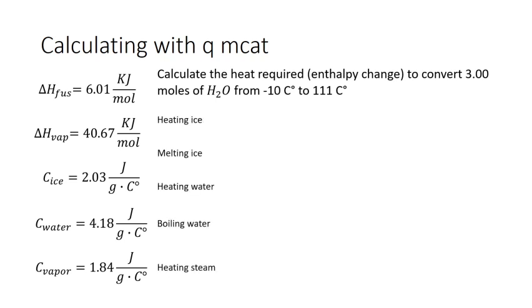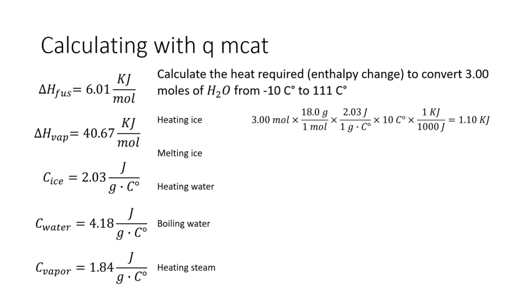We're going to break this up into 5 sections. We are going to be heating the ice, because hopefully you know that under 0 degrees Celsius, water is a solid. We're then going to be melting the ice, then heating the water, then boiling the water, and hopefully you know that over 100 degrees Celsius, water becomes a vapor, so we're then going to be heating the steam.